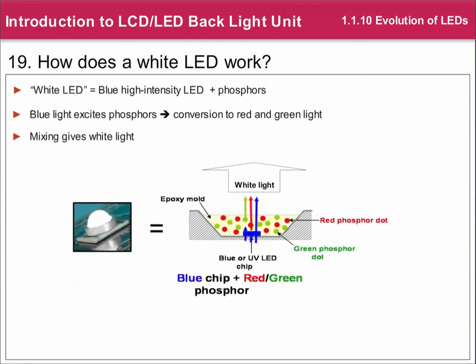Actually, we start with a blue or ultraviolet LED that is buried in an epoxy mold that contains phosphor. These phosphors will make a color shift. They convert the blue or UV light into another wavelength, green or red light.